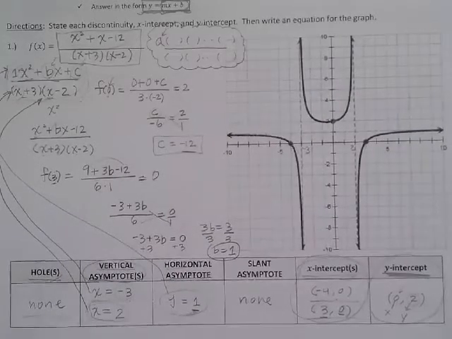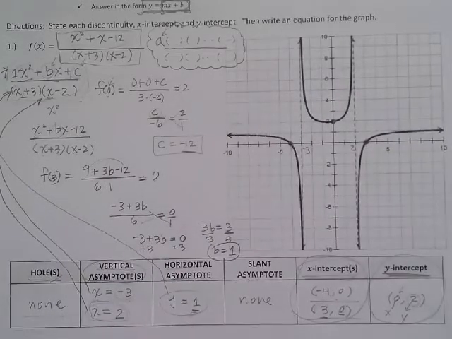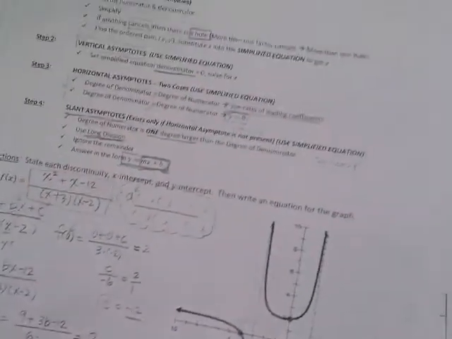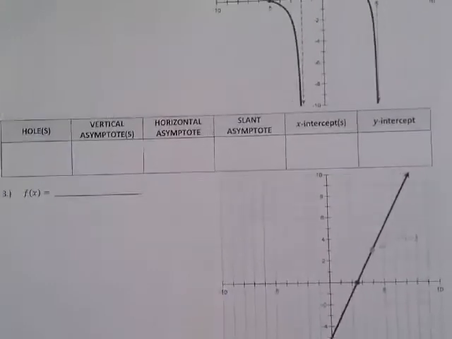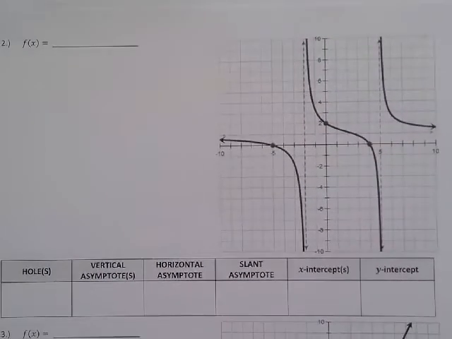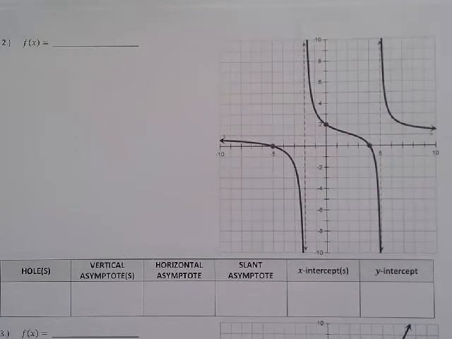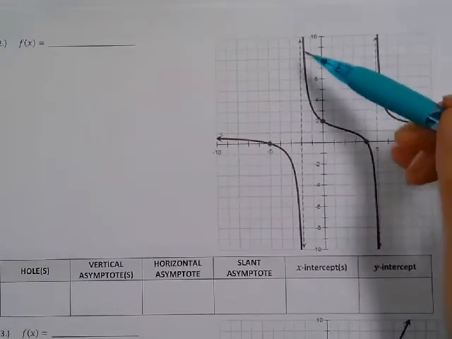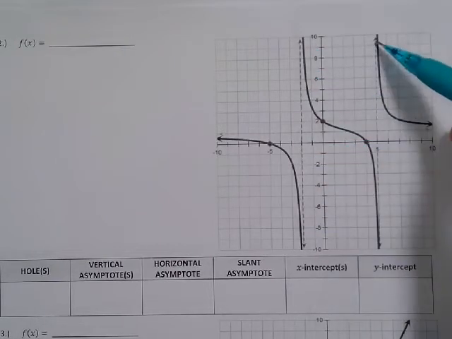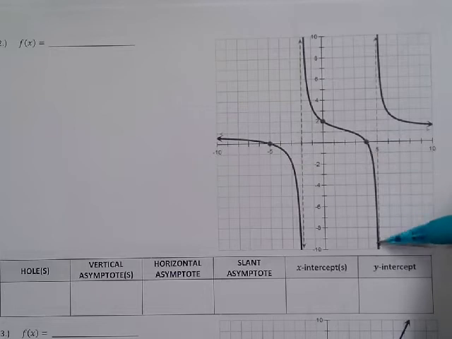Okay. And let's move to the next one then. Okay. So number 2. This is the graph that we have for number 2. Now, I can recognize my vertical asymptotes here, -2 and +5.